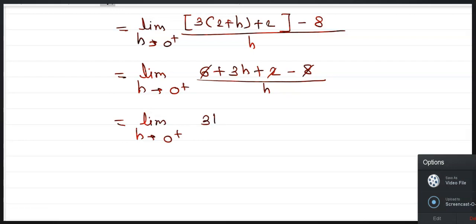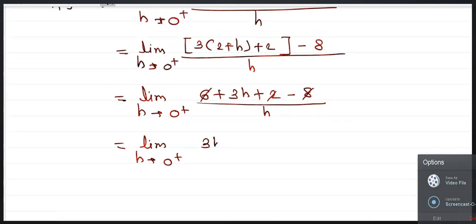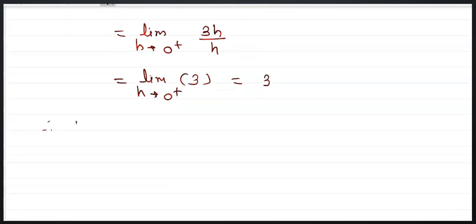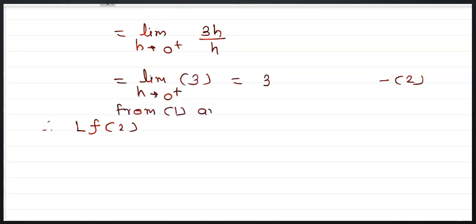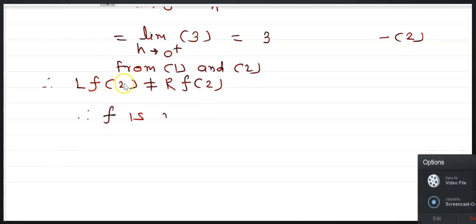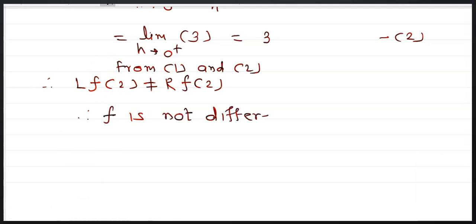Therefore 3h upon h, limit h tends to 0, you will get the constant, that is equal to 3. Now from 1 and 2, both are not equal. There must be the dash, I forgot to write it down. f is not differentiable at x equals 2.